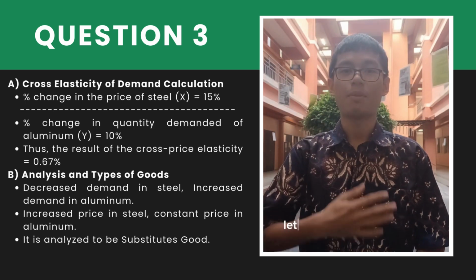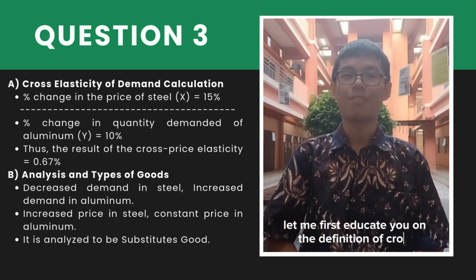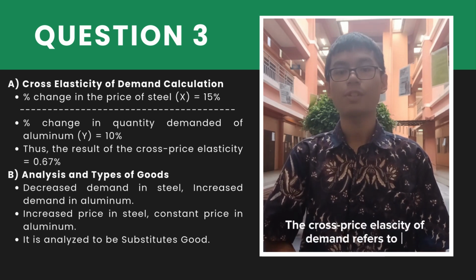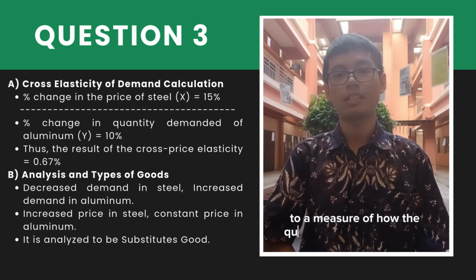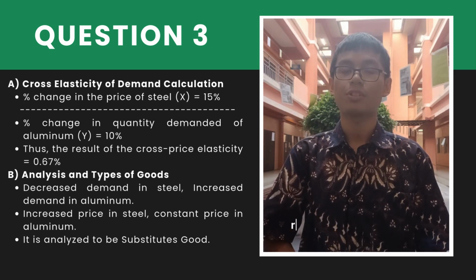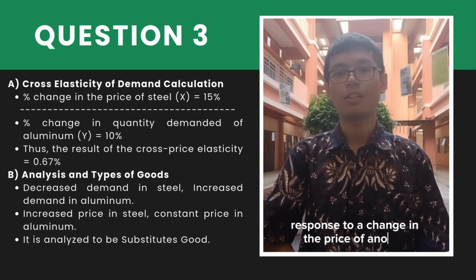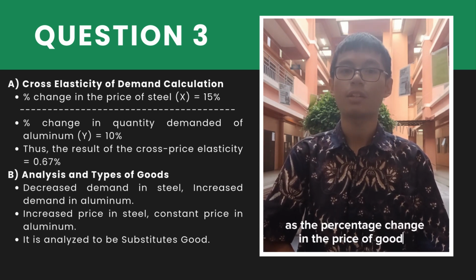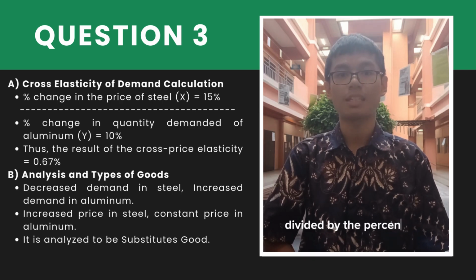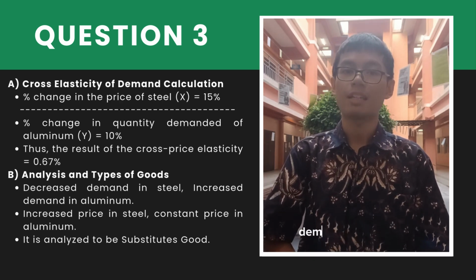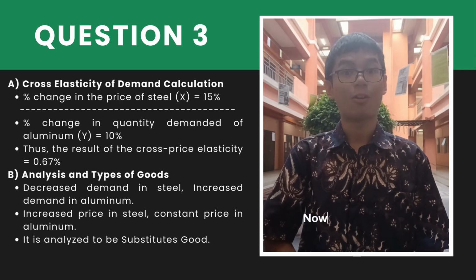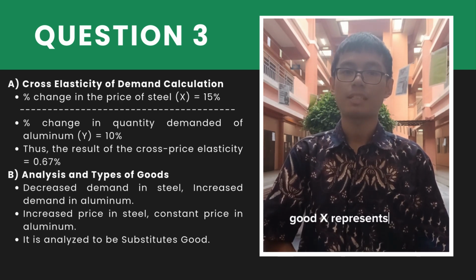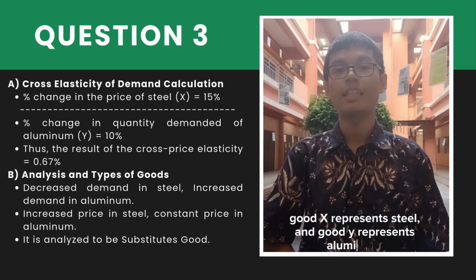To begin with, let me first educate you on the definition of cross-price elasticity of demand. The cross-price elasticity of demand refers to a measure of how the quantity demanded of one good responds to a change in the price of another, and is calculated as the percentage change in the quantity demanded of good Y divided by the percentage change in the price of good X. Now, to answer the questions in these circumstances, good X represents steel and good Y represents aluminum.